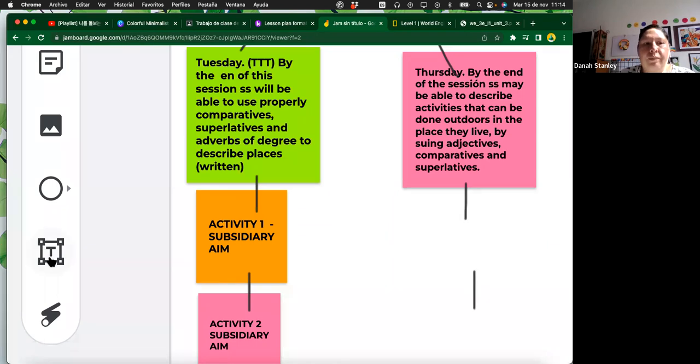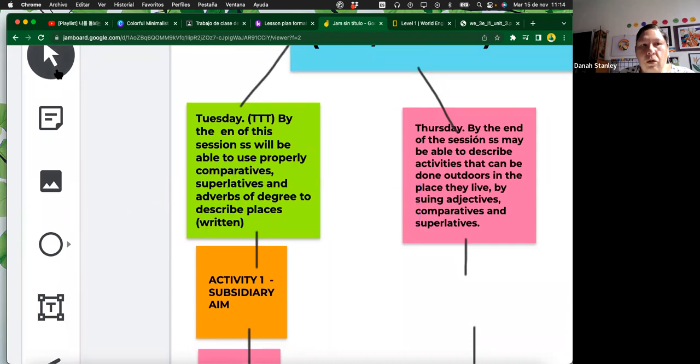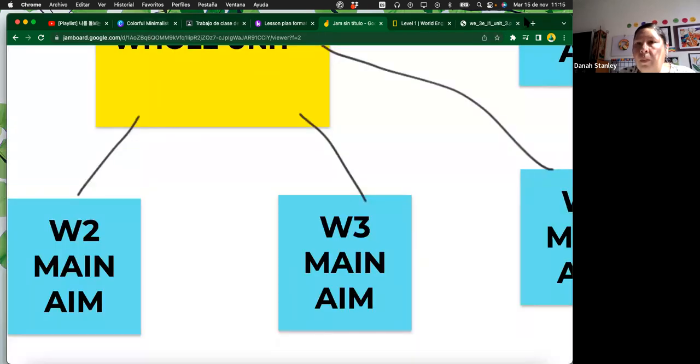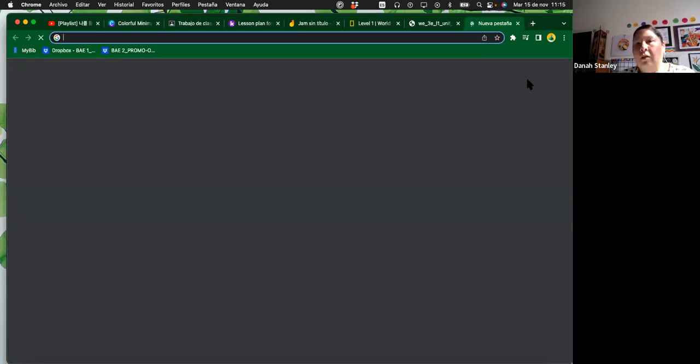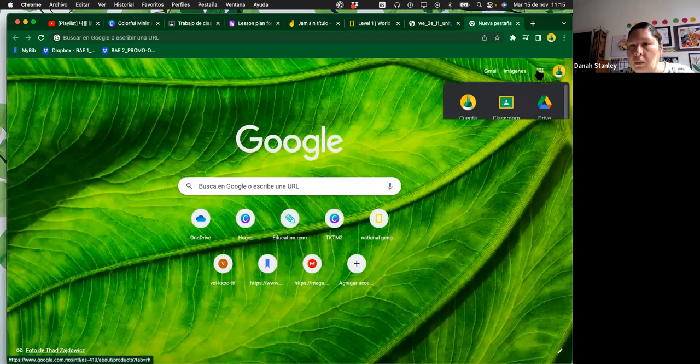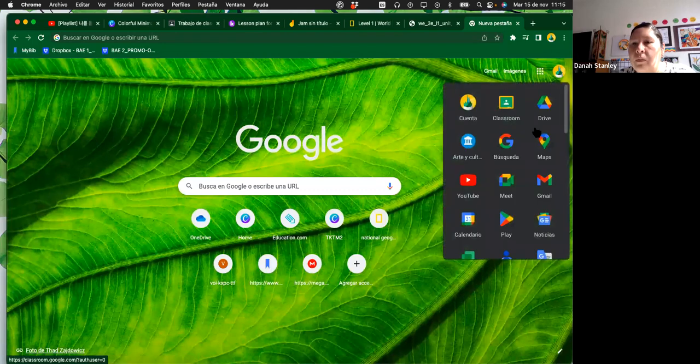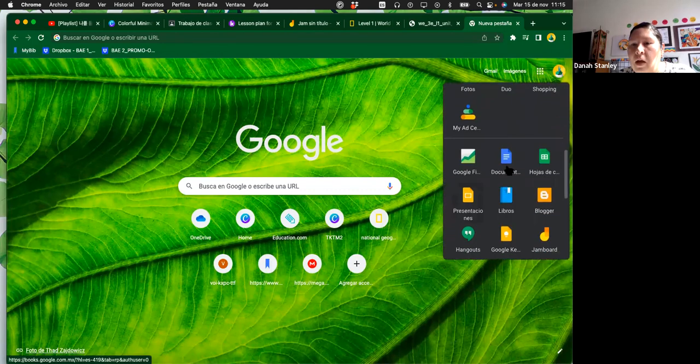For example, bien fácil. Even I can have my table in my notebook. Y ya nada más I change it.